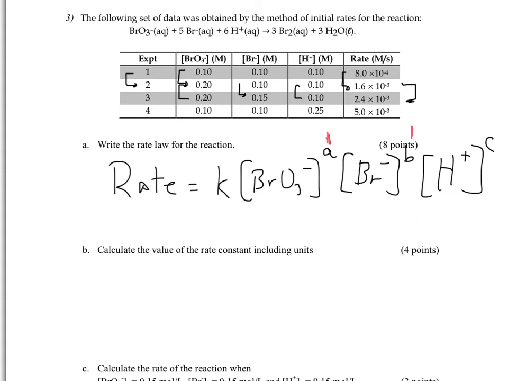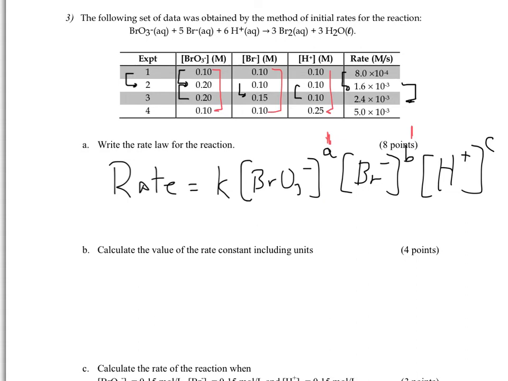The last one we need to look at is a set of experiments where only the hydrogen ion changes, and in that one we're looking at experiment 4 versus experiment 1, and the only thing that's changed is the hydrogen ion concentration, and that's increased by 2.5 times.